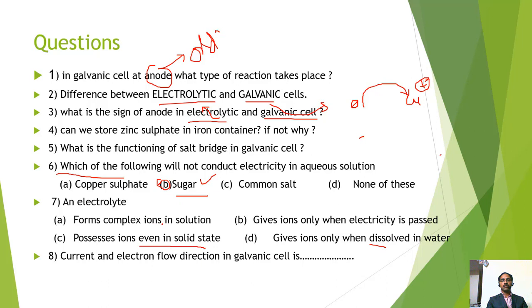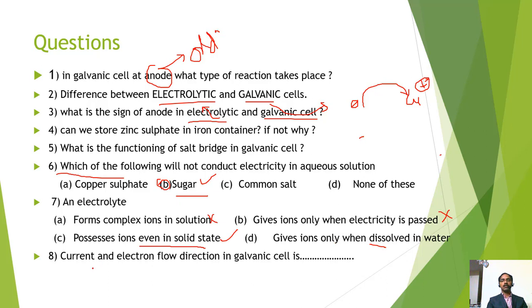Forms complex ion in solution is wrong, because it dissociates. Gives ions only when electricity is passed is wrong, because even in water it produces ions. Possesses ions even in the solid state, yes, true. Gives ions only when dissolved in water is wrong, because normally also it gives ions.